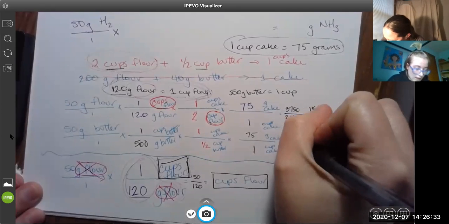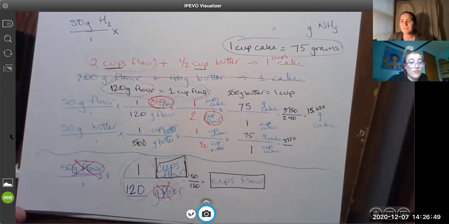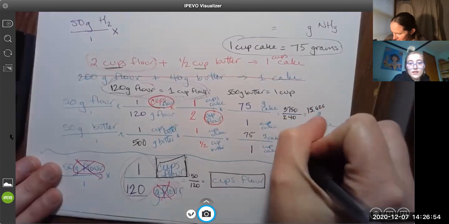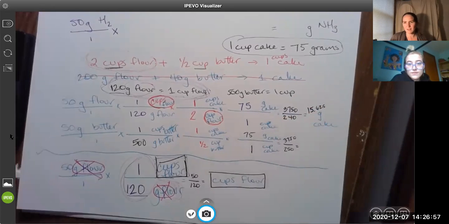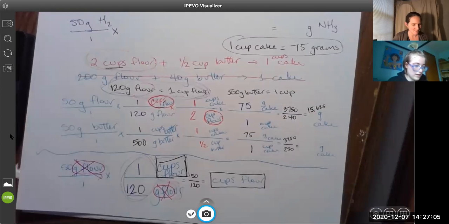And the bottom one, I think that's 250 on the bottom. Exactly. And then you divide those. And that would be 15 exactly. Nice.